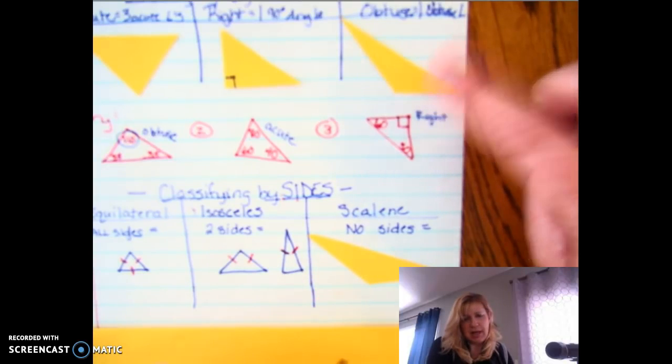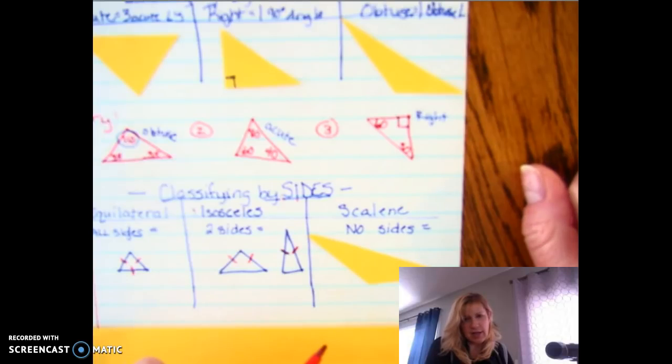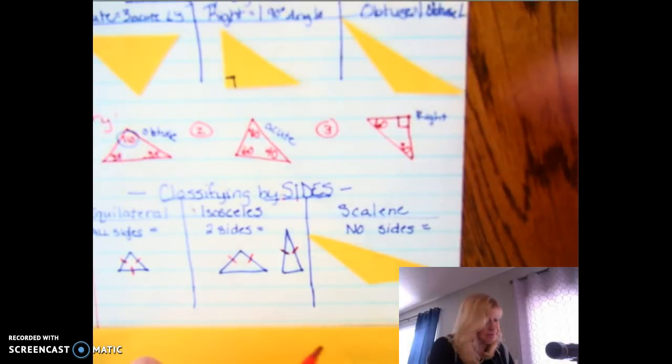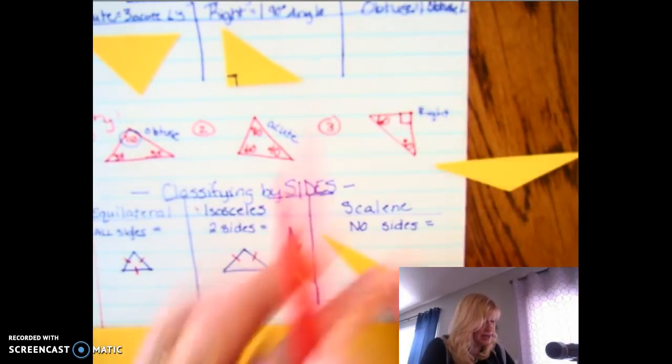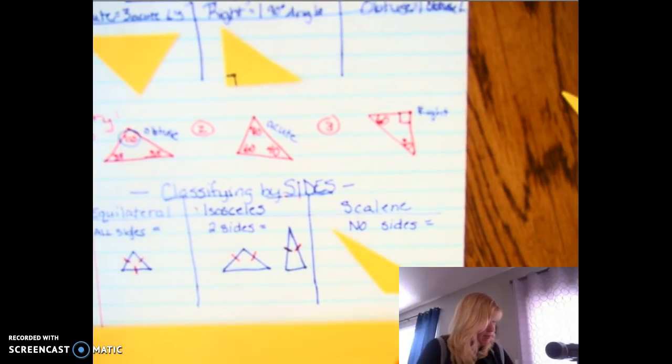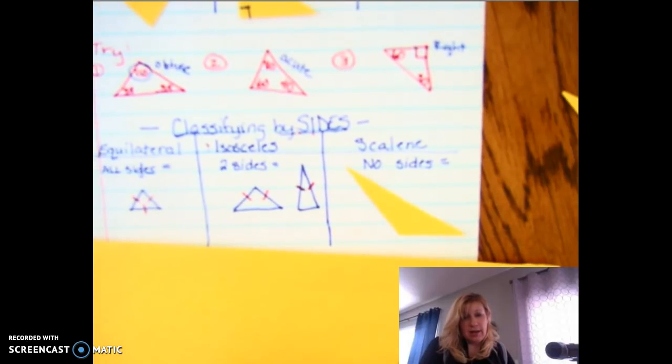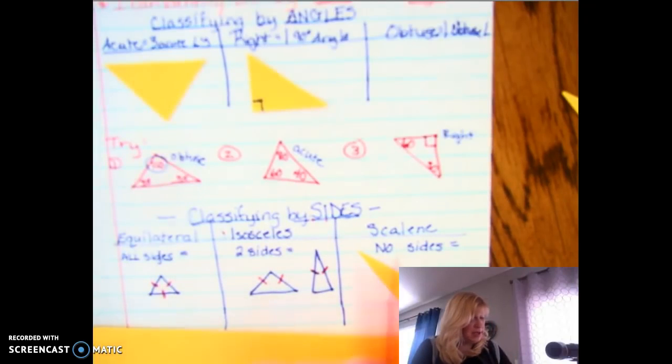The obtuse one up here is also none of the sides are equal. I measured those as well, and you can kind of see that in there. So I could even decide I'm going to classify this by sides and say, oh, this is scalene, no sides are equal. Okay, so if the question asks you to classify by sides, do one of these three choices.